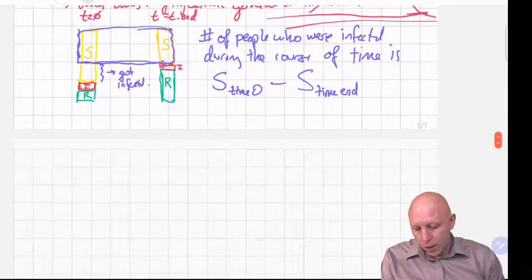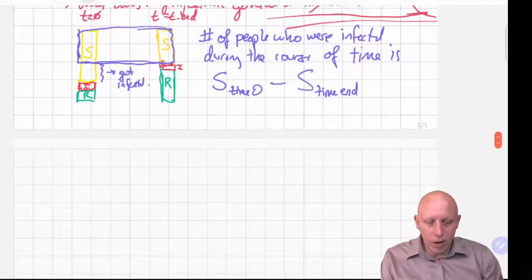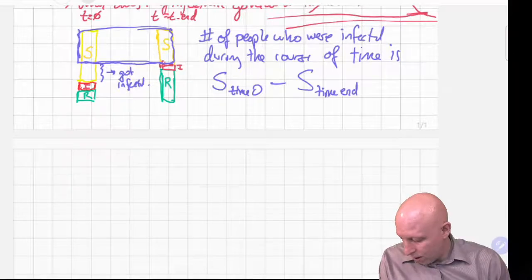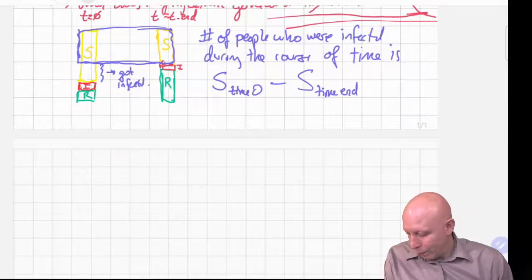So we have this idea, now we need to extract that information from the time series.